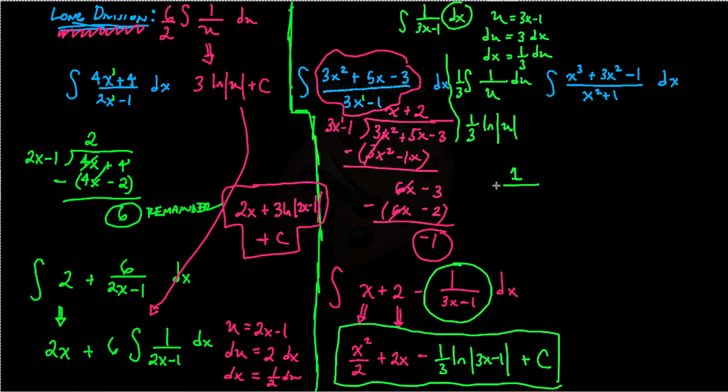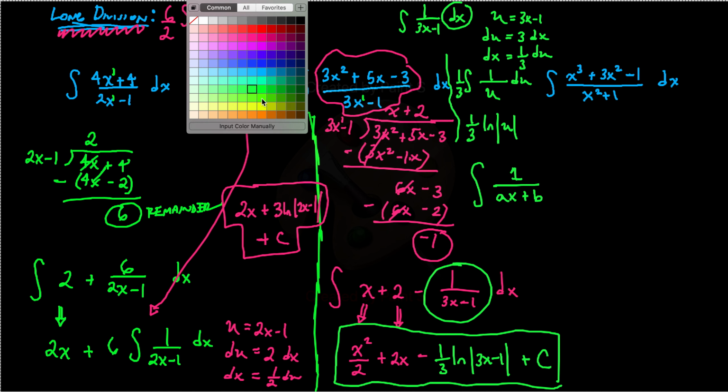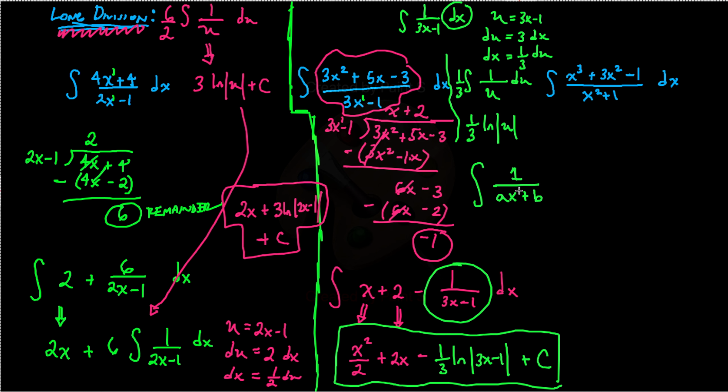So the general rule would be if it's ax plus b, some linear thing on the bottom, what's the antiderivative? So let's do this in a different color. Let's do this in a very special color. Is this a good color? All right. So let's see. Let's get a special rule before I even attempt that one over there.